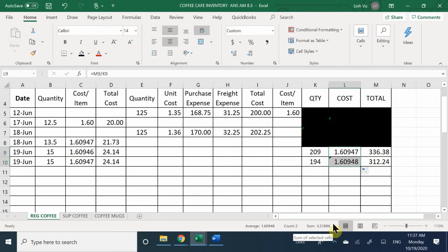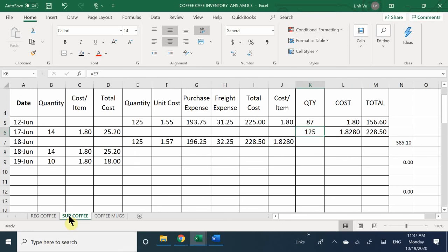Yes. So we see every time we sell something, it's increasing our cost per item. And because we're selling by the bundle, every penny counts. So in this case, it's raising up very slowly. Okay. So here we sold a total of $24.14 of the regular coffee.